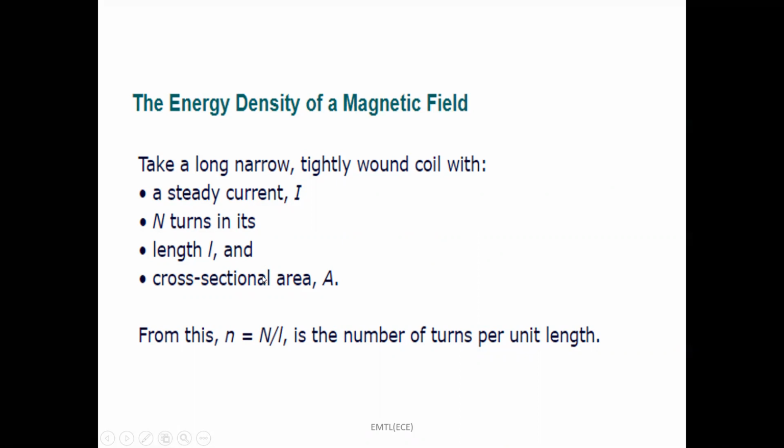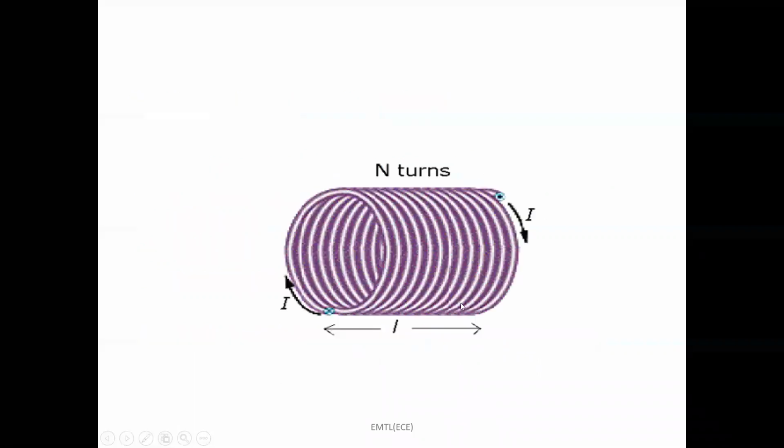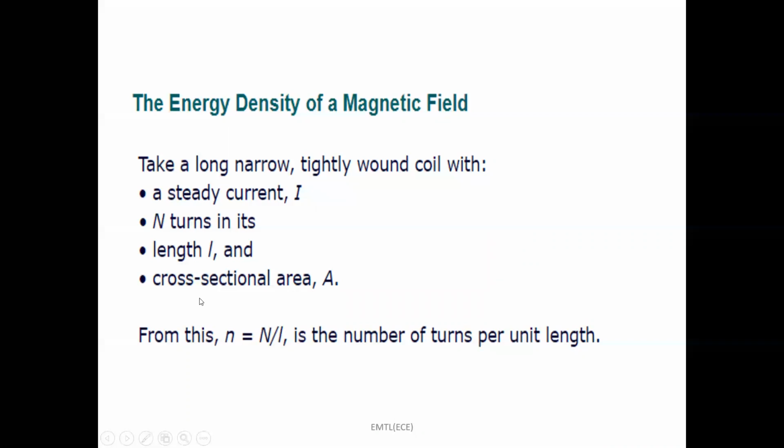For this, we have to take a solenoid. Already, this is a solenoid. You have to know that it consists of n turns and has a length L. A current I is passed through it. Now, it has an area A. Small n is the number of turns per unit length.